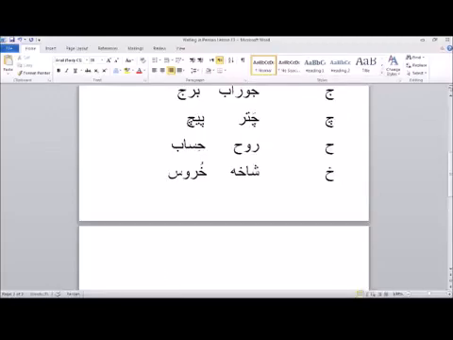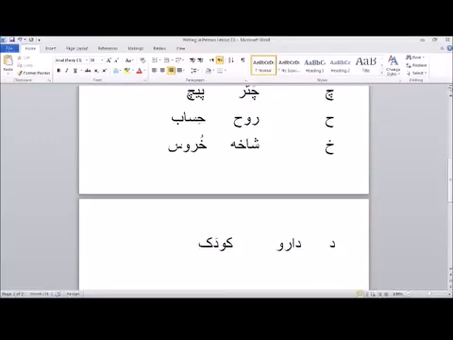What about dal, which is pronounced d? So we have d, a, r, u, daru, which means medicine. What about k, u, d, a, k, kudak. Kudak means child. We have r, which we had in the past.